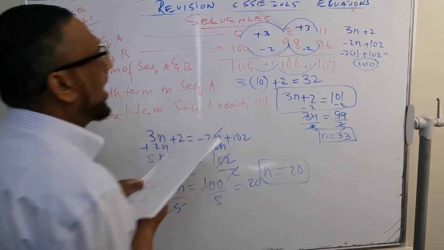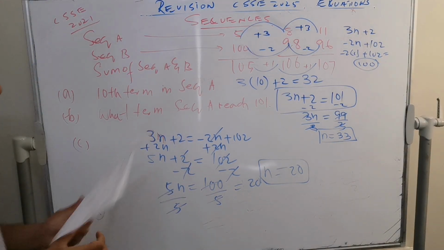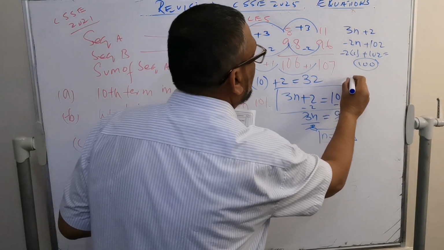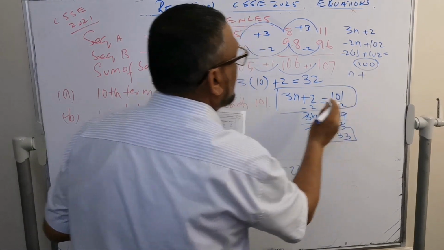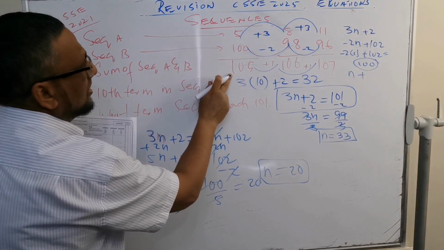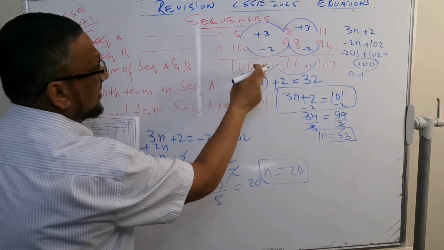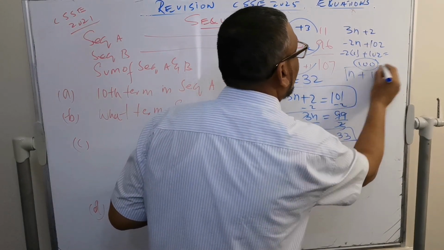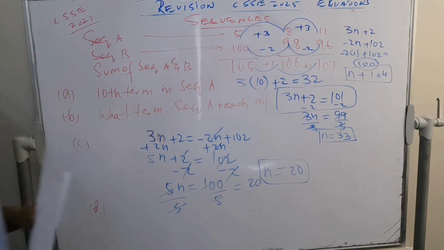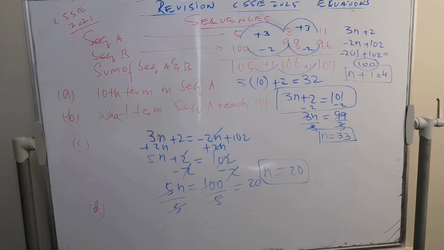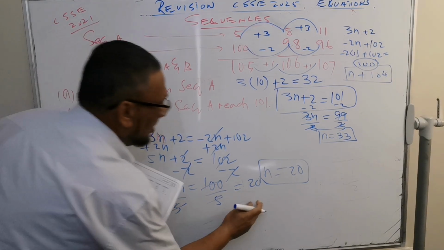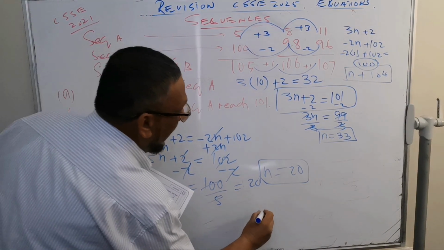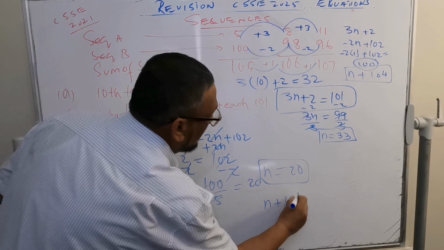So I can simply write here n, plus what number am I going to put here to get 105? So 105 take away 1 is 104. So this is the formula for the sum of the sequence A and B. So now we can solve n plus 104.